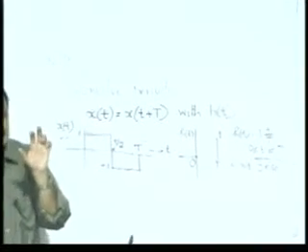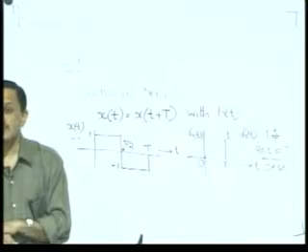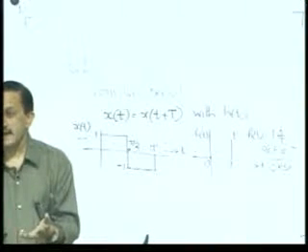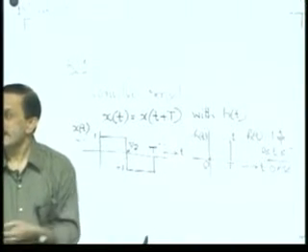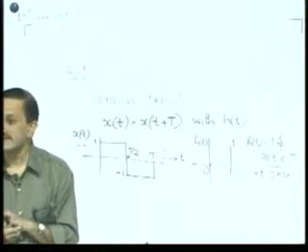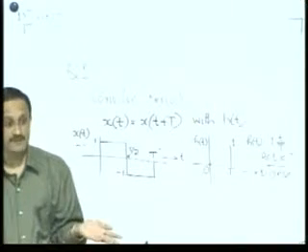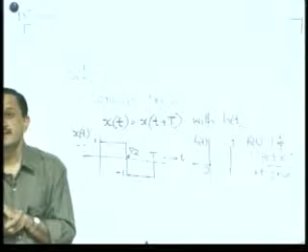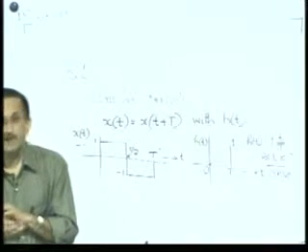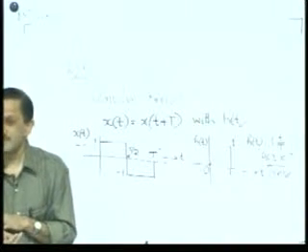But our interest would be to characterize the output, and we don't need to find the entire y(t). We find only that part of y(t) which will tell us all about the rest, right?